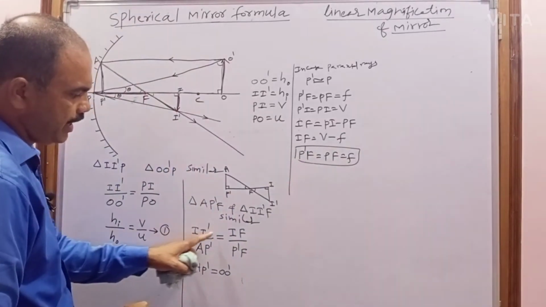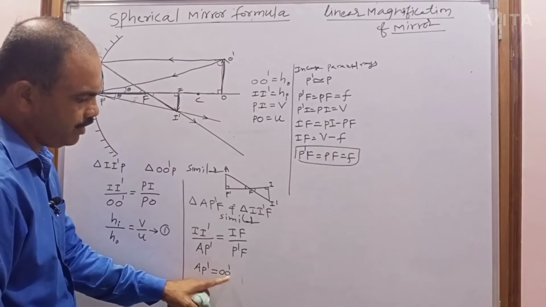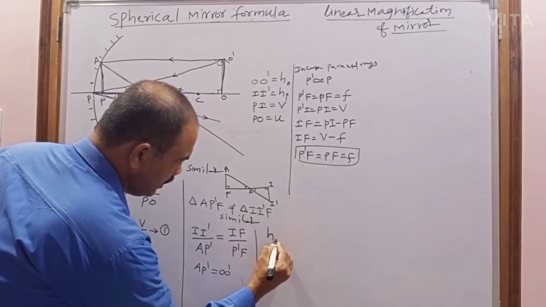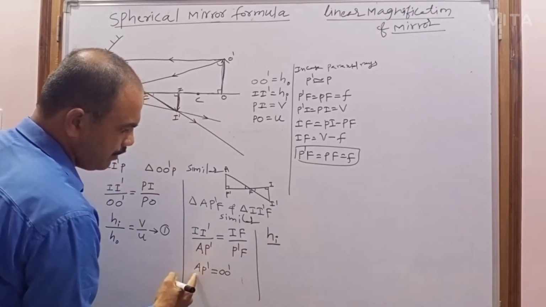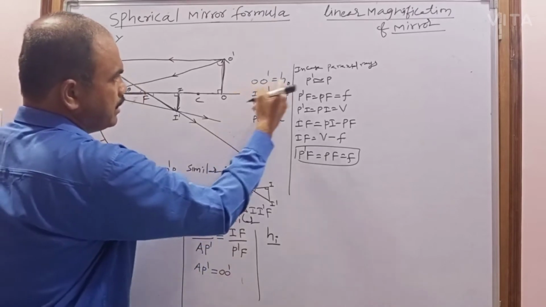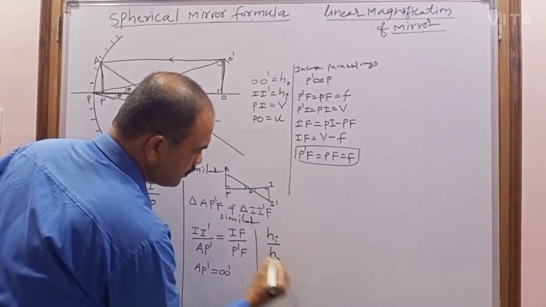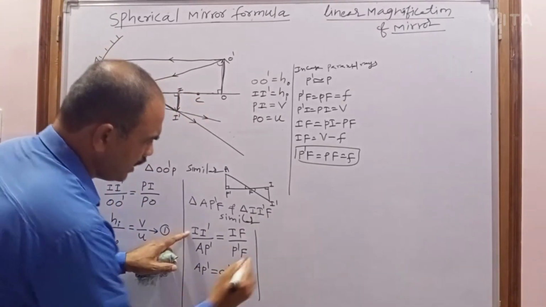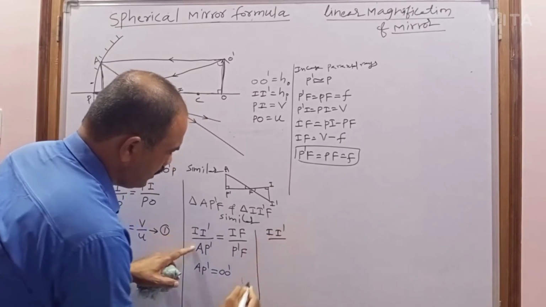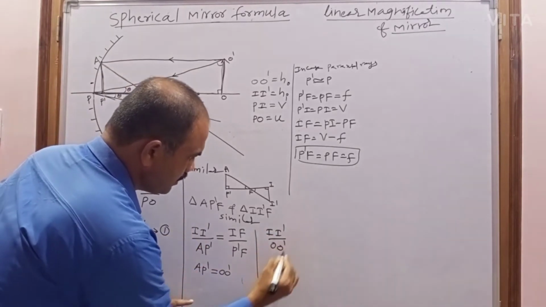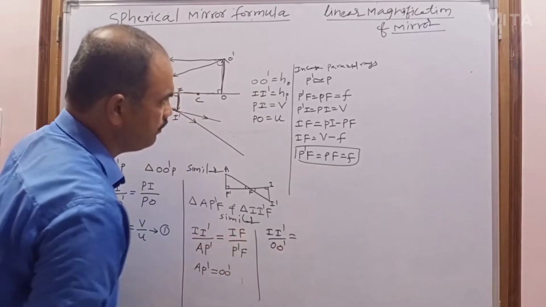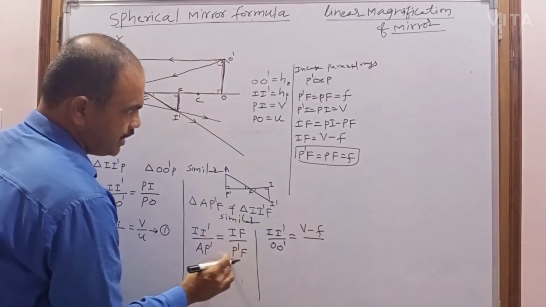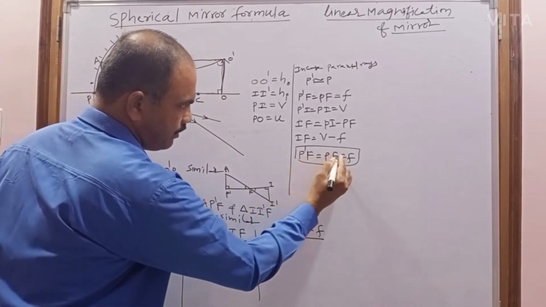Now substitute here: I dash, AP dash is nothing but OO dash. So I dash is the height of the image, and AP dash is nothing but OO dash, the height of the object. So substituting, OO dash is equal to, IF means V minus F, by P dash F. P dash F is nothing but PF.